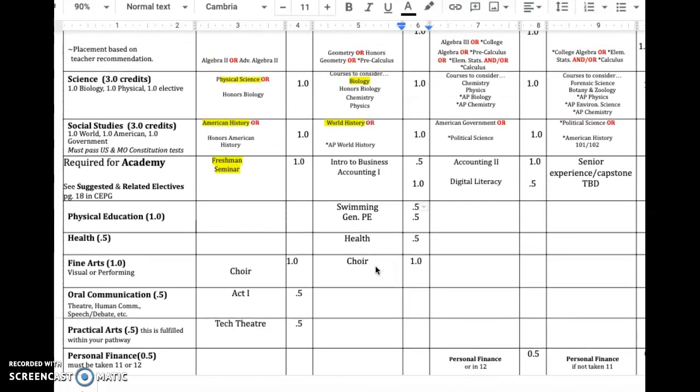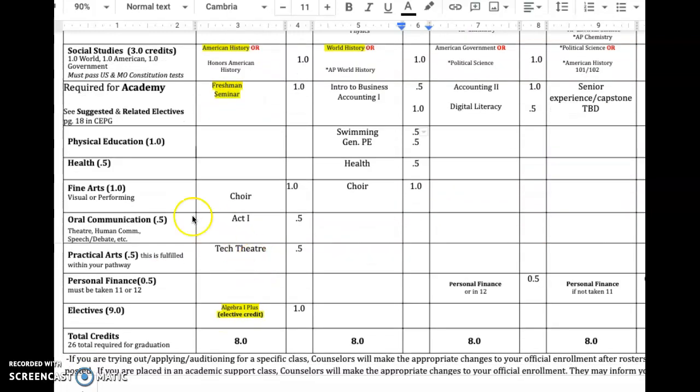So if I look at my graduation requirements, my PE's out of the way, but maybe I love PE and I want to go ahead and take PE classes the rest of the high school years, you're welcome to do that. My health is taken care of. My fine arts is done, but I want to continue with choir, so maybe I'll go ahead and put choir in. Because again, I know I love choir, and I'm going to be taking that the rest of my high school career.